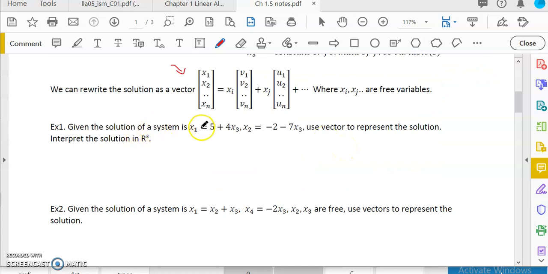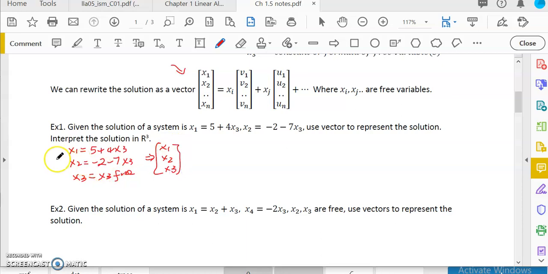For example, after you solve a system, you have x1 equal to 5 plus 4x3, and x2 equal to negative 2 minus 7x3. Now, this system is not a homogeneous system. It's just any system, so it could have some constant here. And x3 is free. The one that is free, I'm going to take out. I will write x1, x2, x3 as a vector.